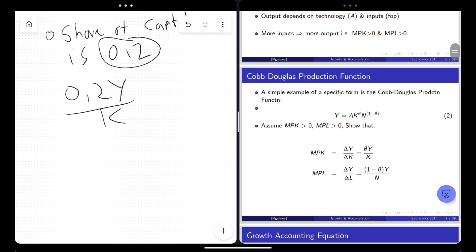But think about it, simplify it. What is 0.2 as a fraction?